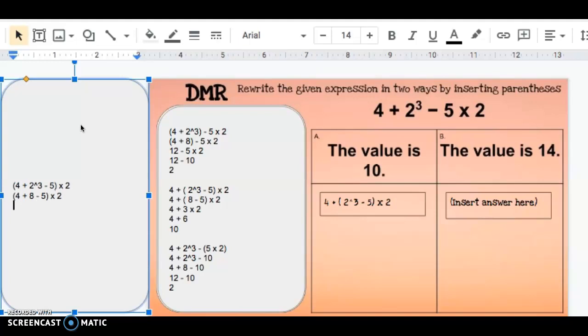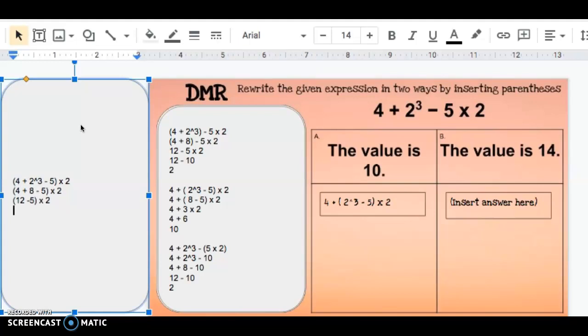I still have parentheses, so I still need to solve what's inside. I did my exponents, and there's no multiplication and division inside the parentheses. Now I have to do addition and subtraction. 4 plus 8 is 12, minus 5, close parentheses, times 2.